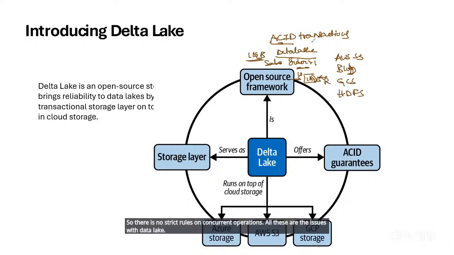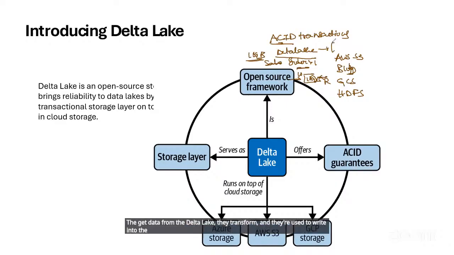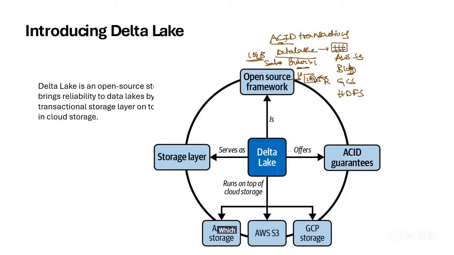They are good for storing bulky data, terabytes and petabytes of data. But when it comes to these kinds of rules, people struggle with data lakes. So data engineers used to get data from the data lake, transform it, and write it into data warehouses, in tabular format, which provides better ACID transactions.